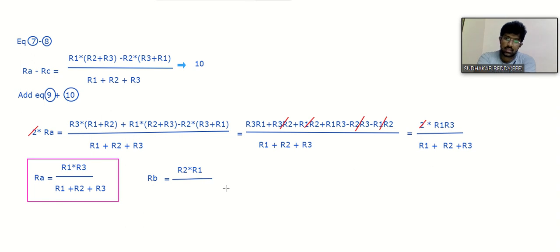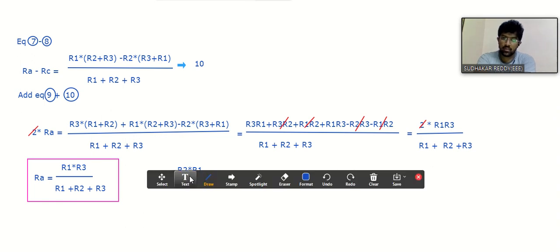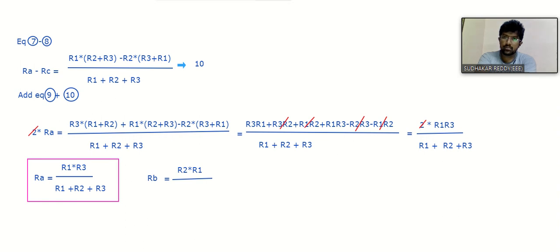So finally, these are the expressions for the delta equivalent star values, that is RA, RB and RC. So we found the star connected resistance values in terms of delta connected resistors.